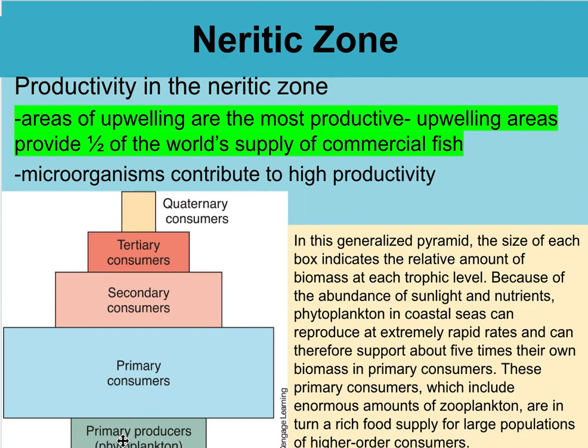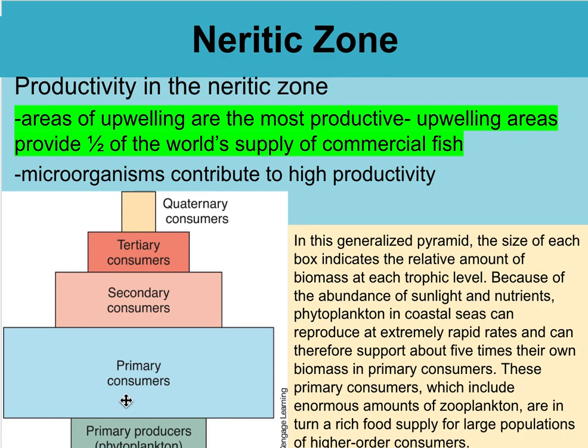But here, these primary producers, these plant plankton, can be a lot smaller in number because they breed so quickly and get to their full adult size, and then they're eaten, but they have bred before they're eaten, and they replicate so quickly that they are actually smaller in number. They're just turned over very rapidly.